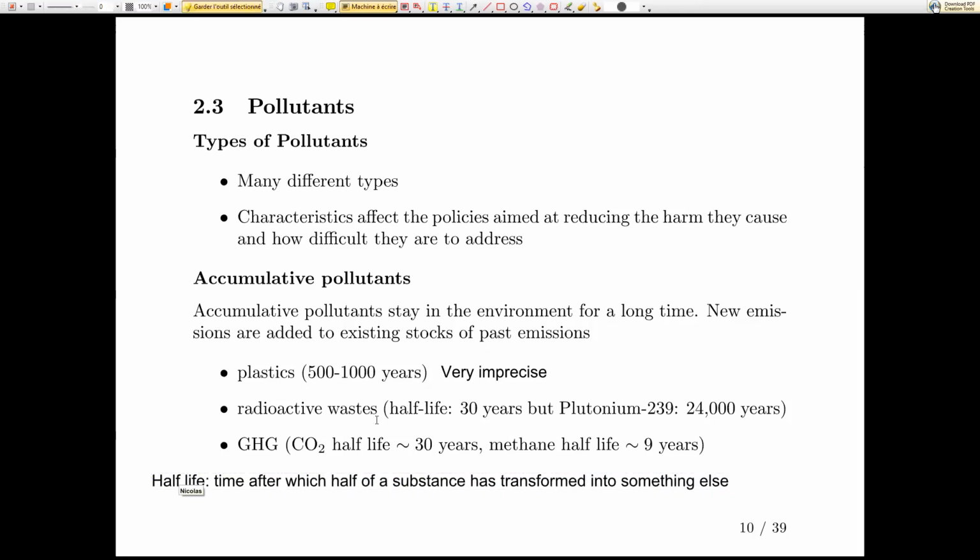And we should almost use this for everything, because it's not like you have a bottle, you wait 500 years, and then all of a sudden it changes to dirt. It's going to degrade slowly, and you could say, if I wait 500 years, then maybe half has disappeared, but half is still there. So everything is sort of measured in the half-life.